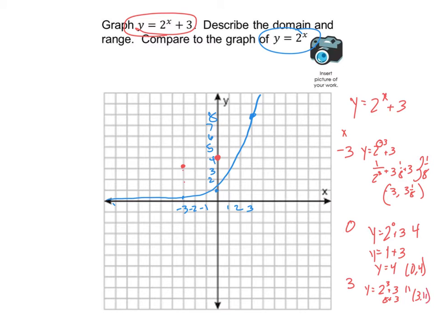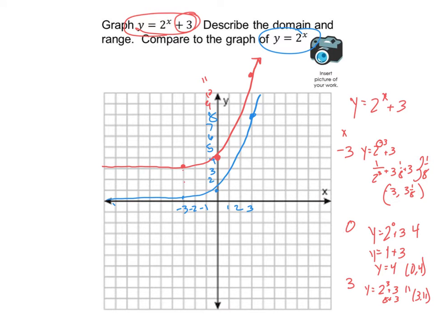So 3 comma 11. 8, 9, 10. Oh, I have to put it up there. I know I'm never going to cross this line because I always have a plus 3, so I'm never going to go below that.